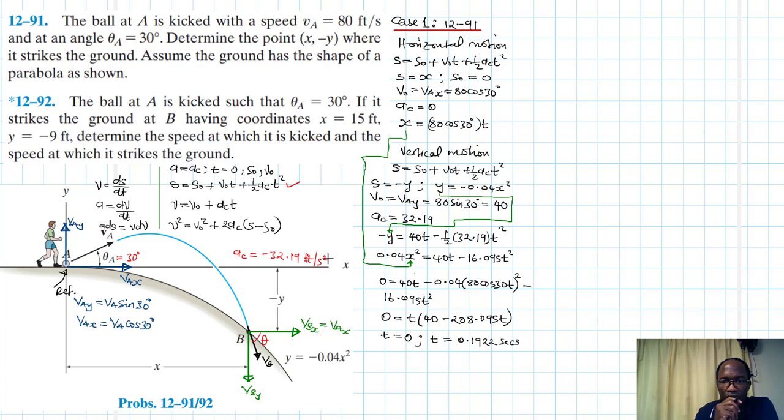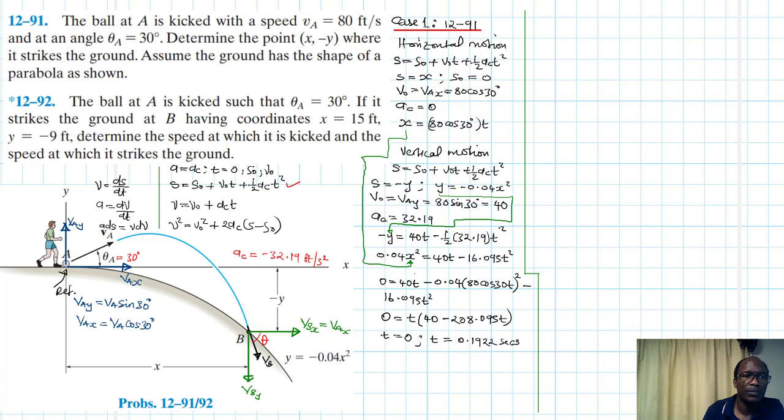We are going to use one of the values, of course not t equal to 0. We are using the other one, t equal to 0.1922, to find the value of x. This is the time it takes for the ball to move from A to B. It takes 0.1922 seconds.